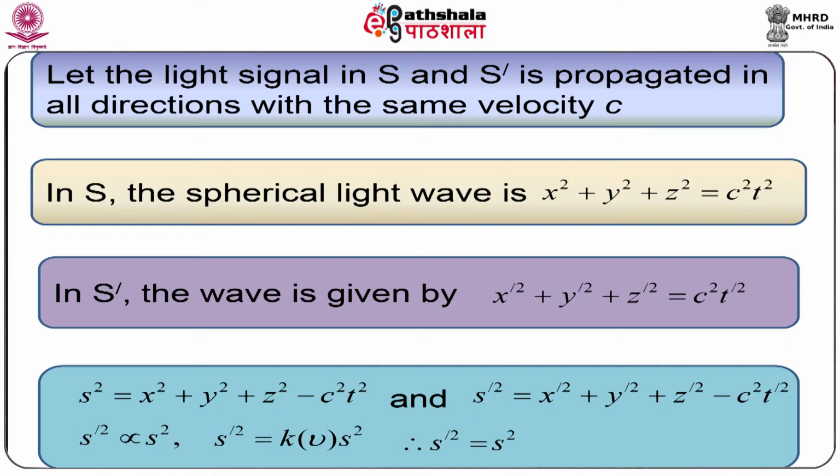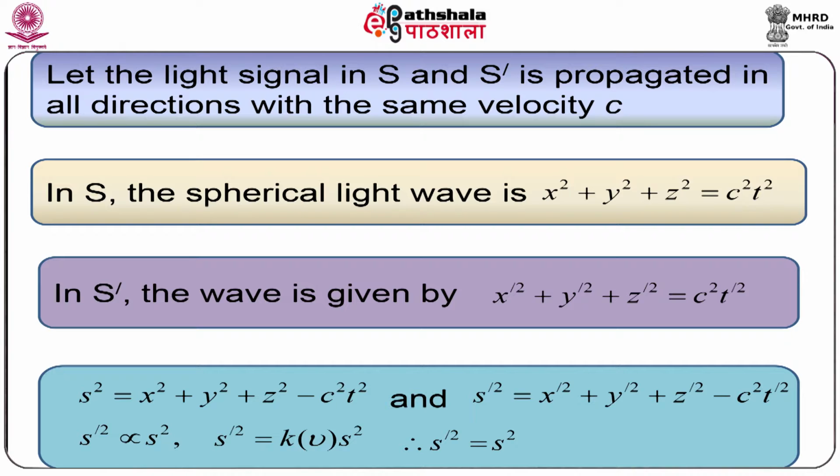If we look into this, the left side gives the square of the dimension of length. So, the right hand side will be consistent with the left hand side. c gives the speed of light, t is the time, and the product c t gives the dimension of length and its square. So, both left hand side and right hand side are dimensionally consistent.